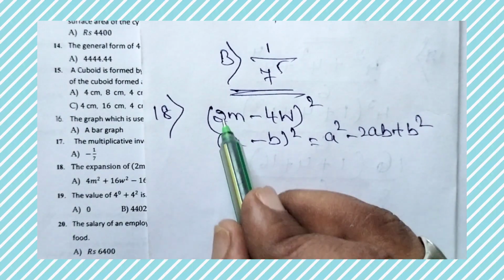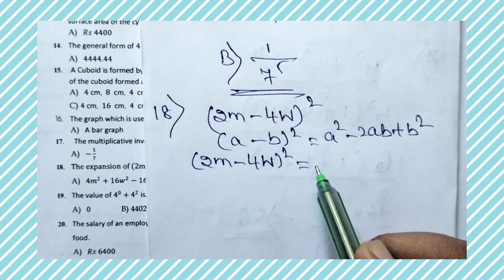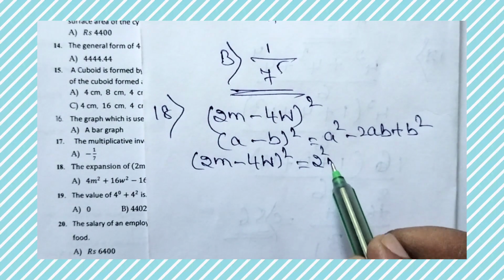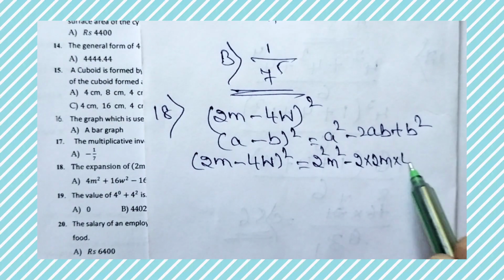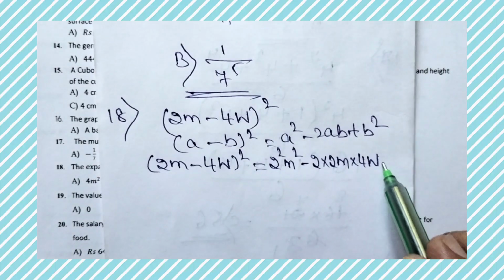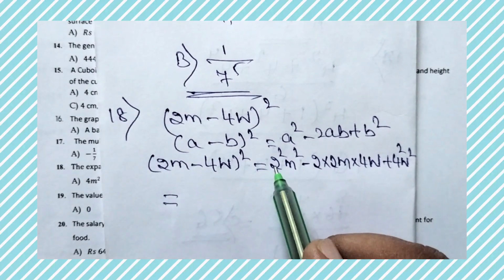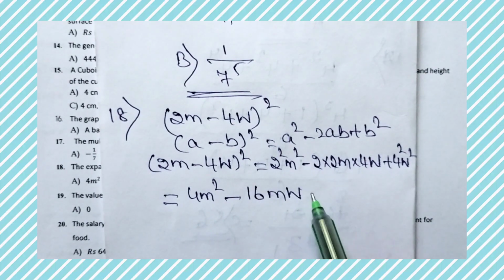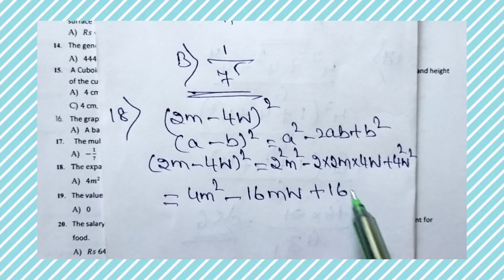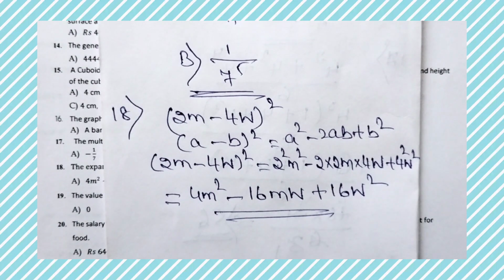So in place of a there is 2m. 2m minus 4w whole square is equal to a square, that is 2 square m square, minus 2 into a, that is 2m, into b, that is 4w, plus b square, that is 4 square w square. So that is equal to 2 square, that is 4m square, minus 2 2s are 4, 4 4s are 16 mw, plus 4 square, that is 16w square. So 4m square minus 16mw plus 16w square.